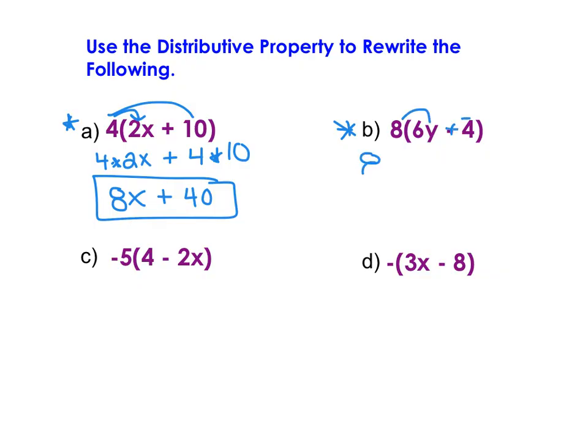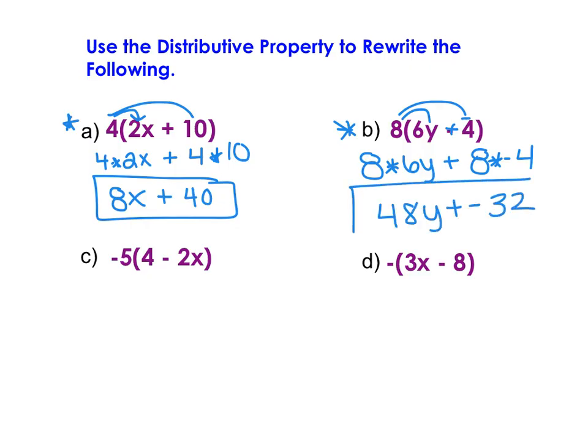And then we'll do 8 times 6y plus 8 times -4. So we get 48y plus a -32. And again, you could just write subtract 32 instead of plus a negative if you would like.